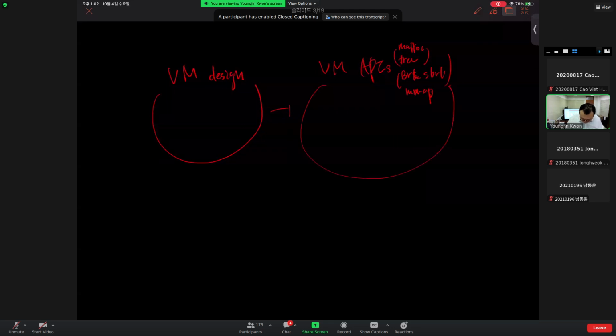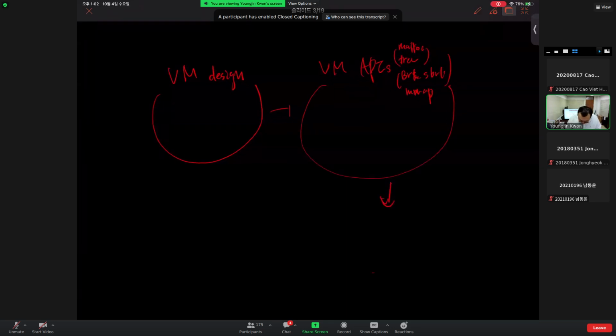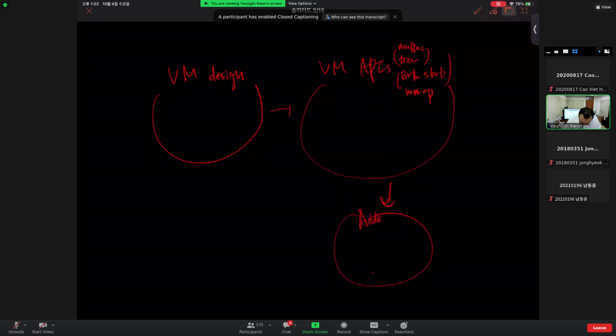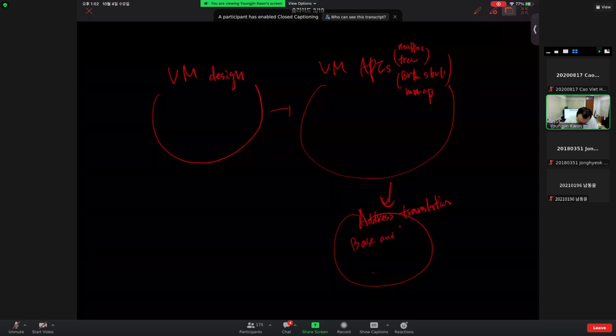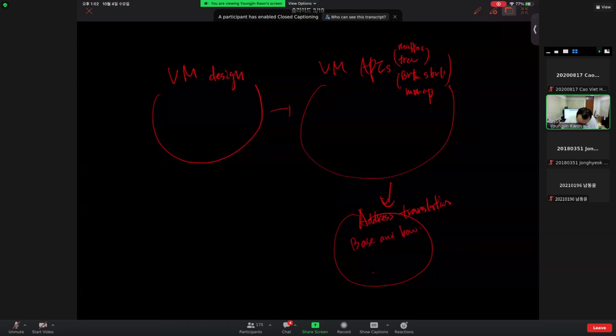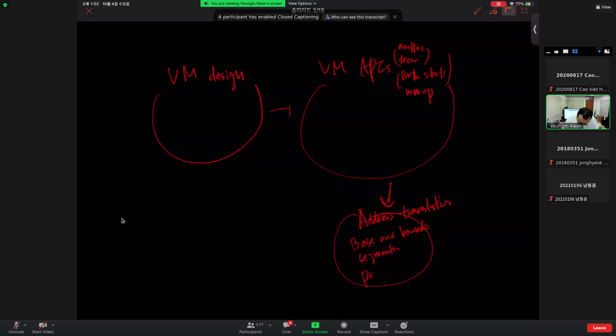Okay, so last time we were talking about VM APIs. Then we are moving to address translation, such as base and bound, base and bound, segmentation, and paging.